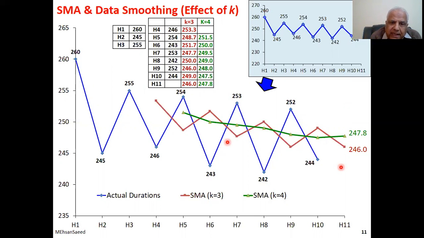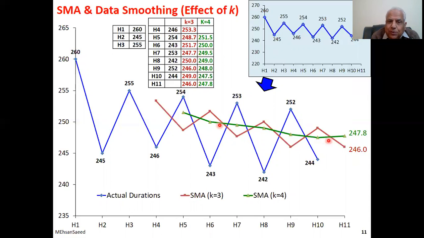Then again, if you make a comparison between green and red, you can see that there is less variation in green, or the data becomes less representative of the change, or the data becomes sluggish. So higher the value of k, more sluggish or less representative data become, less representative of the change.